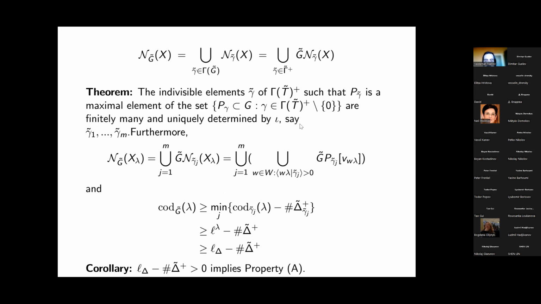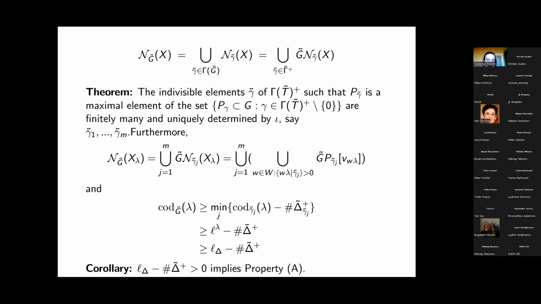Now with these inequalities, we can deduce a numerical invariant of the large group minus a numerical invariant of the subgroup here.